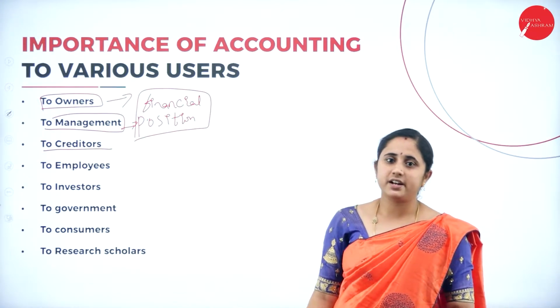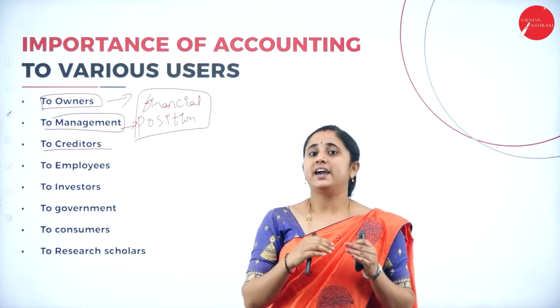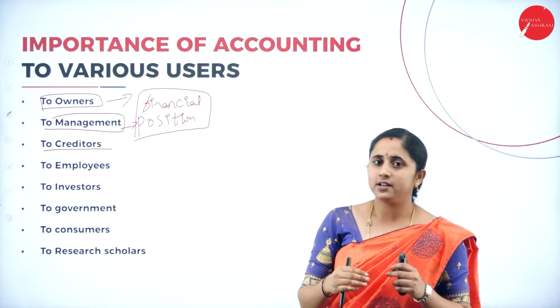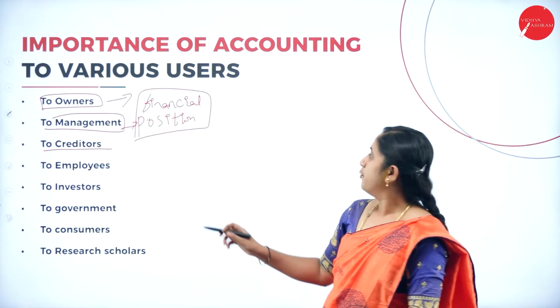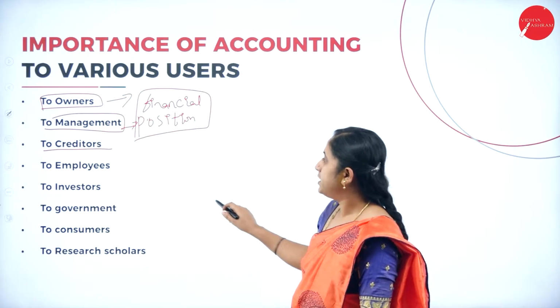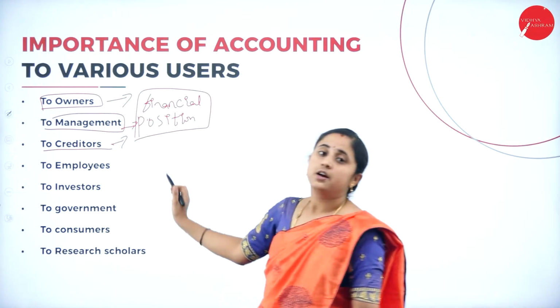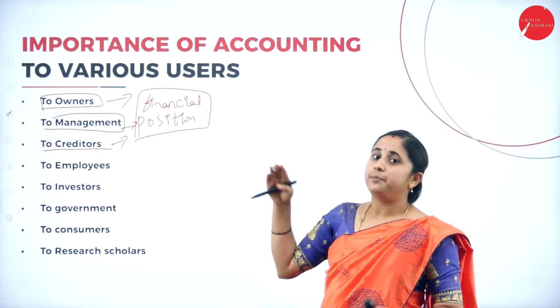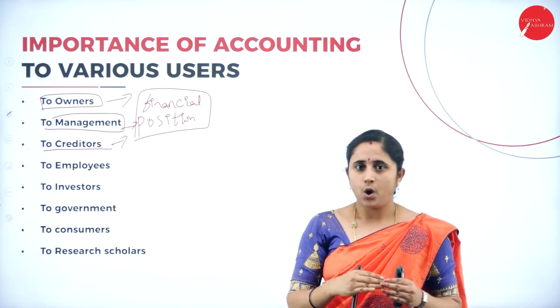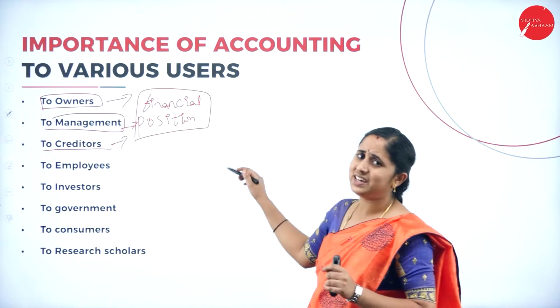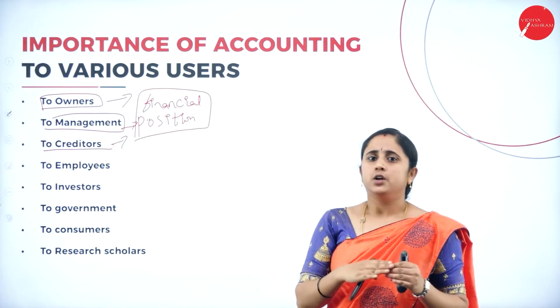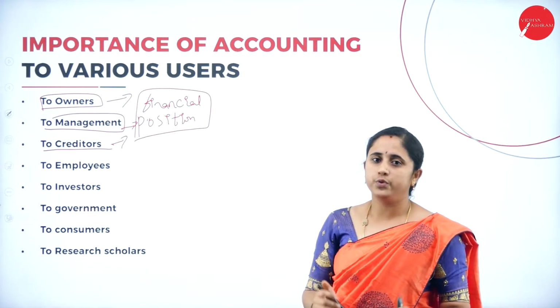It helps the creditors to decide the ability of repaying the debt of the business. By seeing the financial statement, the creditor can decide whether the company has the ability to repay its debt or not. By seeing this, they can decide to lend the loan or not.